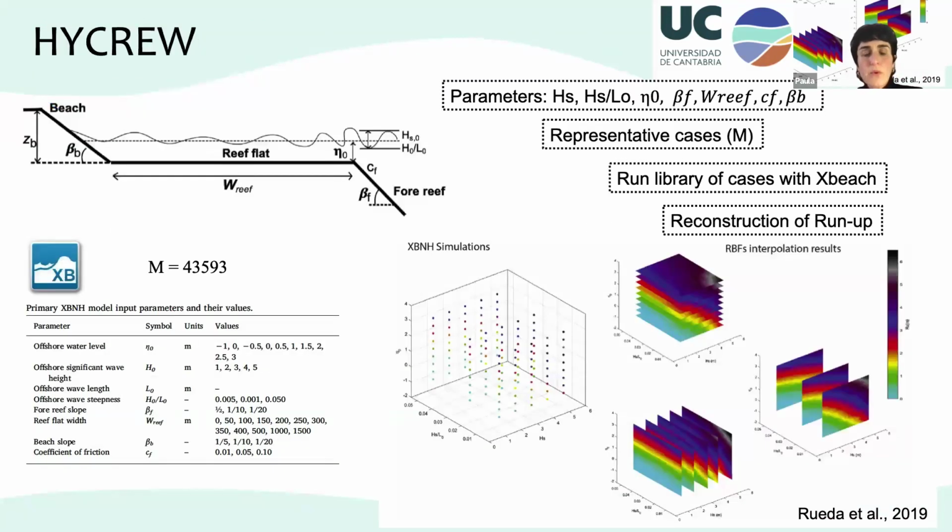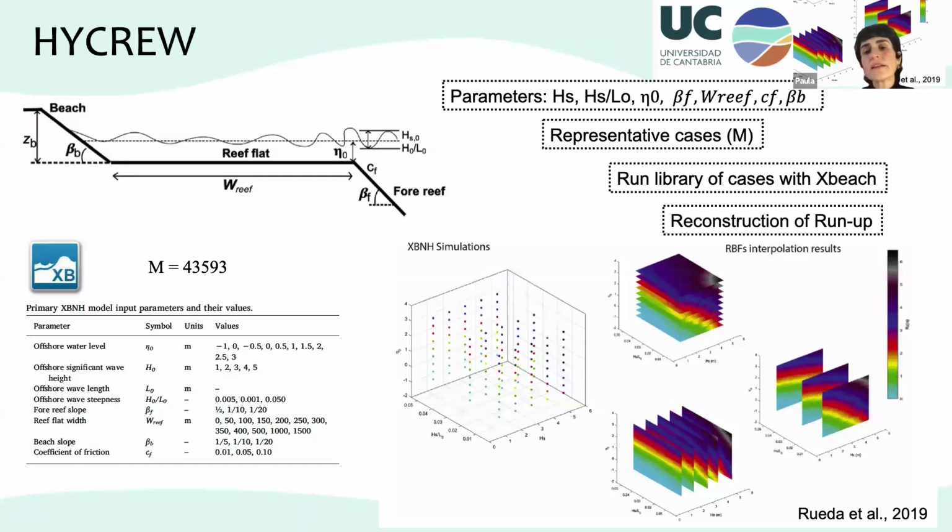But we can also develop meta models that not only consider parameters that represent the climate forcing, and this is an example of a meta model called HyCReWW, which was developed for reconstructing the run-up on a beach that is protected by a coral reef. In this case, several configurations of these coral reefs were simulated.